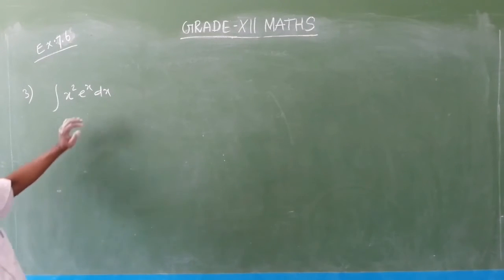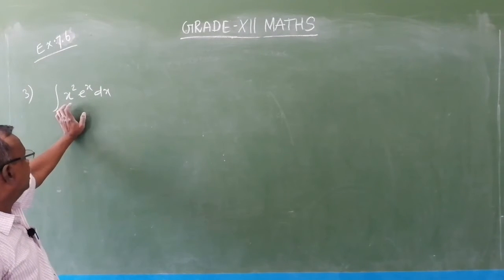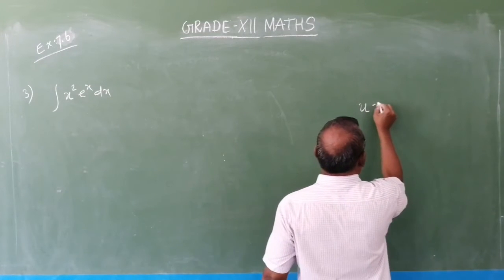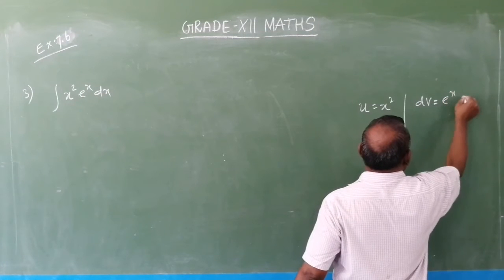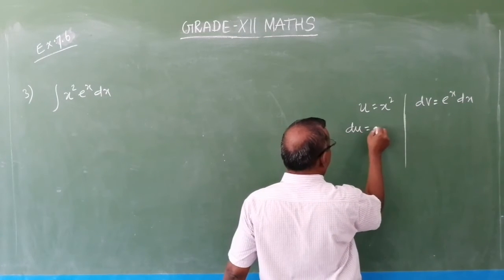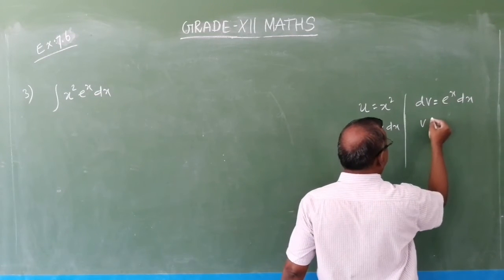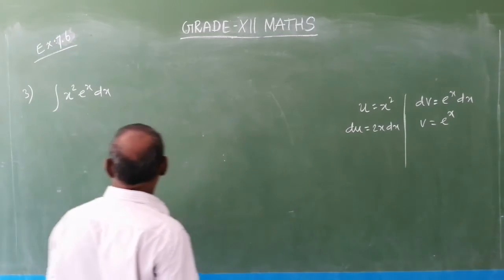I already told you, whenever we are given x power n, take it as u and e power x dx as dv. So u equal to x square, dv equal to e power x into dx, and differentiating, du equal to 2x into dx, and integrating dv, v equal to e power x only.